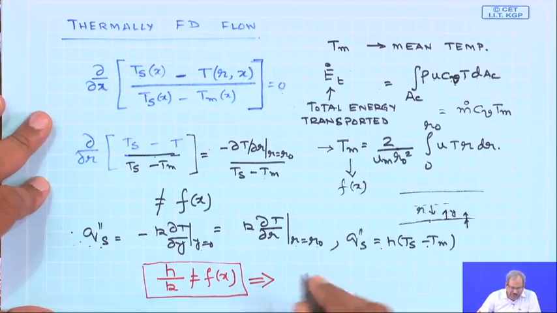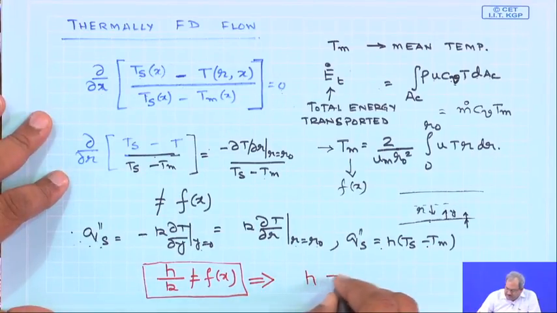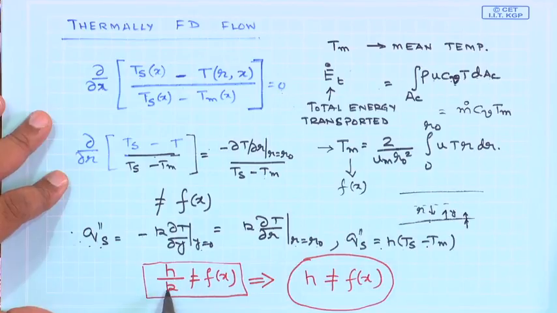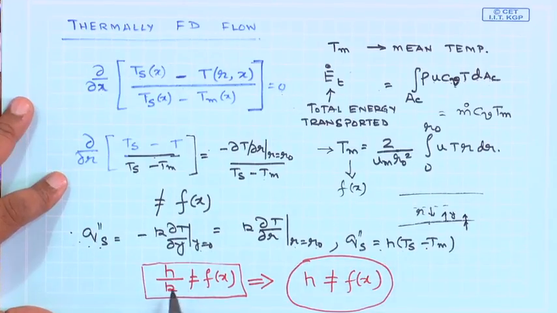So, an extension of this is h is not a function of x. This is extremely important. k is a constant physical property. So, since k is a constant, what I see from here is that h is not a function of x.